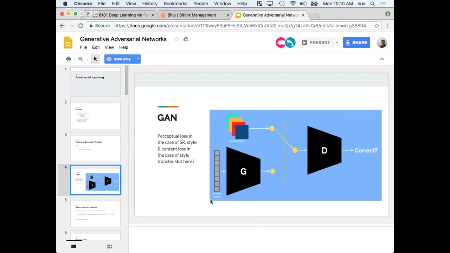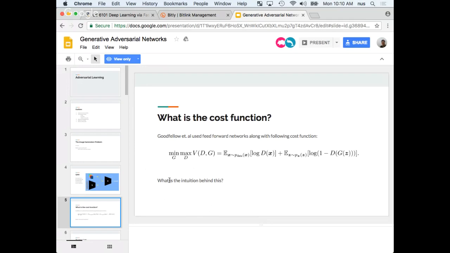The same way here, instead of starting out with a matrix itself, you start off with usually a 100-sized vector containing random samples sampled from a uniform distribution. So this is what the cost function would look like.